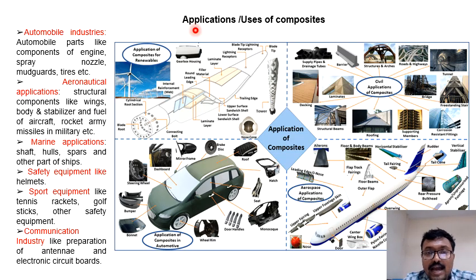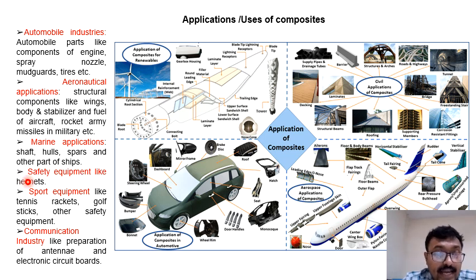Next, applications and uses of composites. First, in the automobile industry: automobile parts like engine components, spray nozzles, mudguards, tires, etc. Second is aeronautical application: structural components like wings, body, stabilizer, and fuel tanks of aircraft, rockets, and army missiles in the military. Third, in marine applications: shafts, hulls, spars, and other parts of ships.